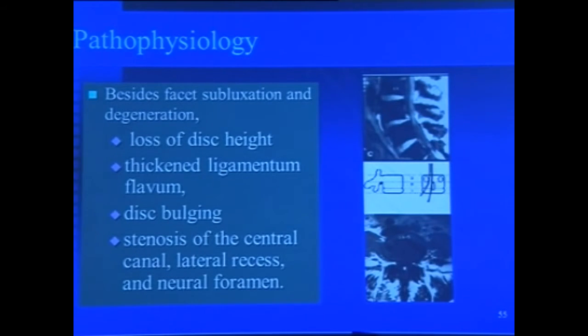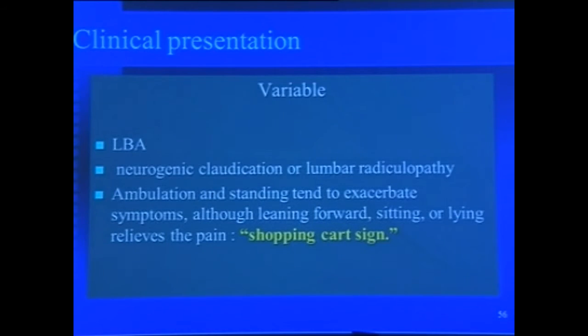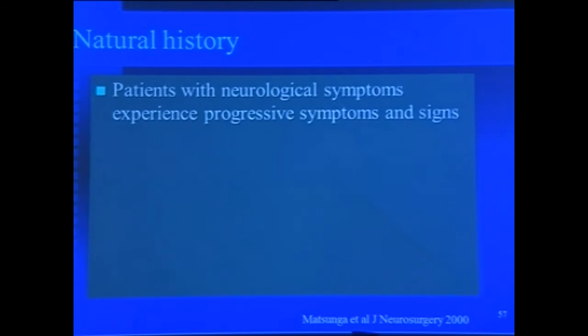There is a disc bulge at L4, L5 pressing upon the dural sac from the front, and there is a stenosis of the central canal as well as the lateral canal and the lateral neuroforamen. Again, it presents as low backache, neurogenic claudication, and lumbar radiculopathy. The patient tends to get relief when he sits; when the patient walks, he has pain in the back coming to the leg, and this is what is known as the shopping cart sign.